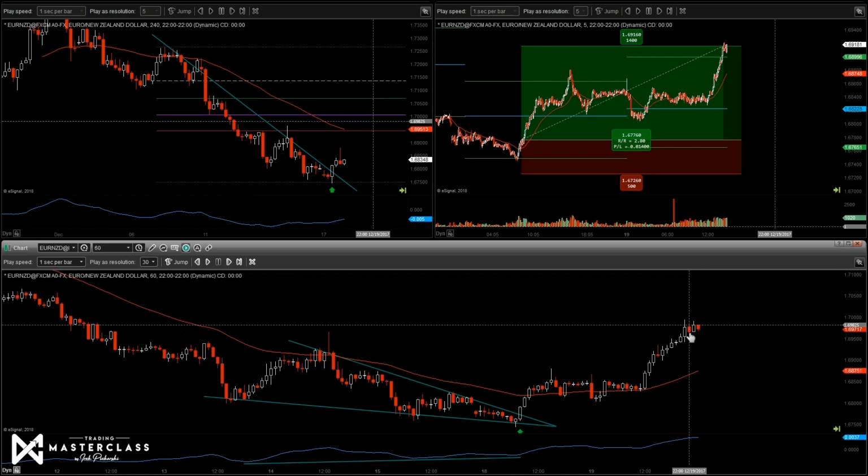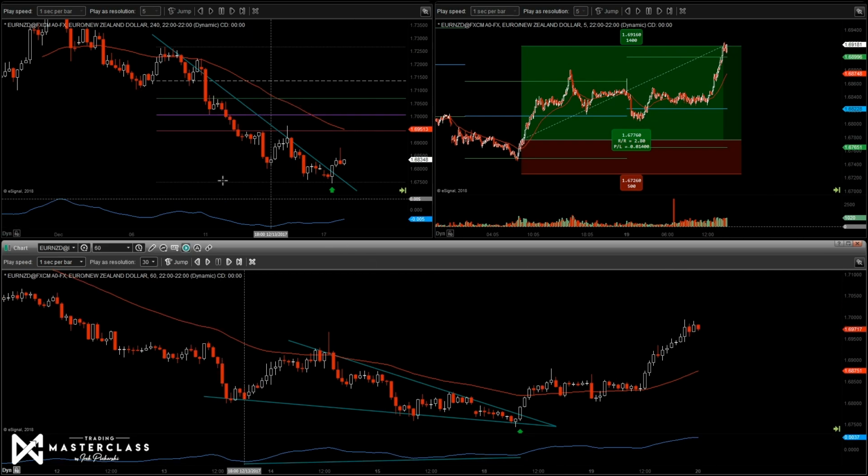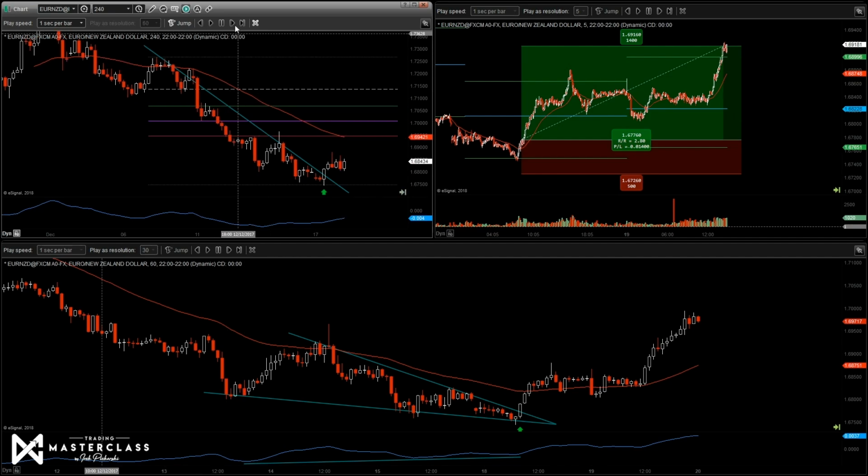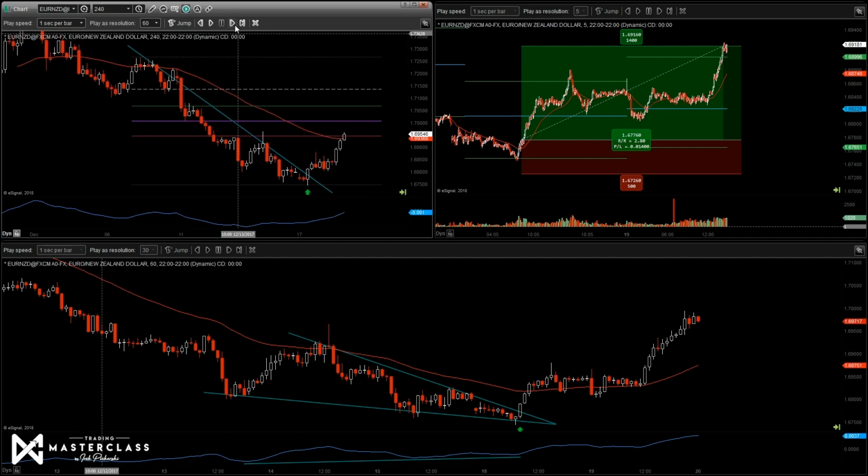And then profit target was hit. Great, looking good. And then 4 hour chart, let's do the same thing. Fast forward a little bit in 16-minute intervals. And then boom, target hit. Beautiful, great looking trade.